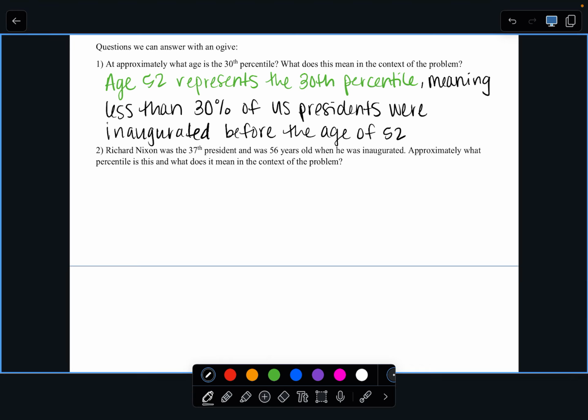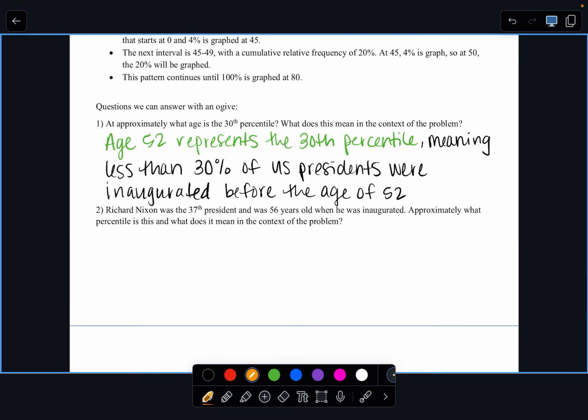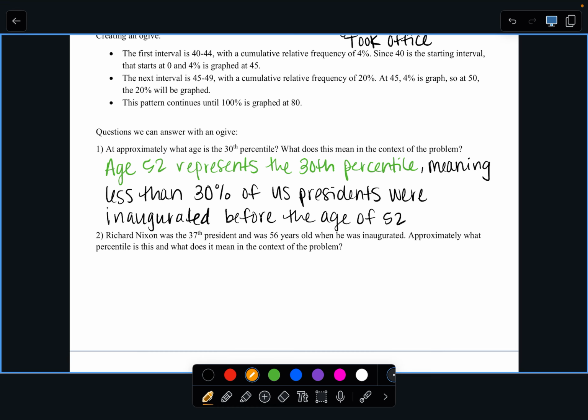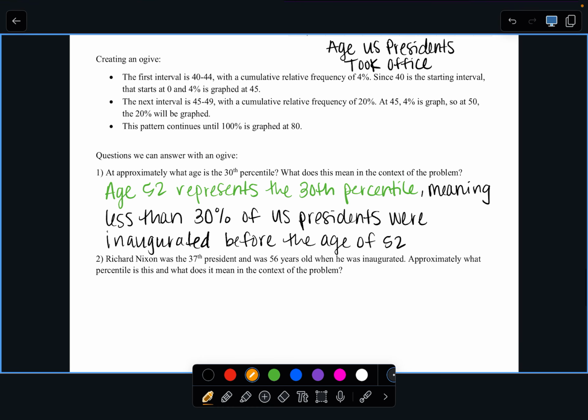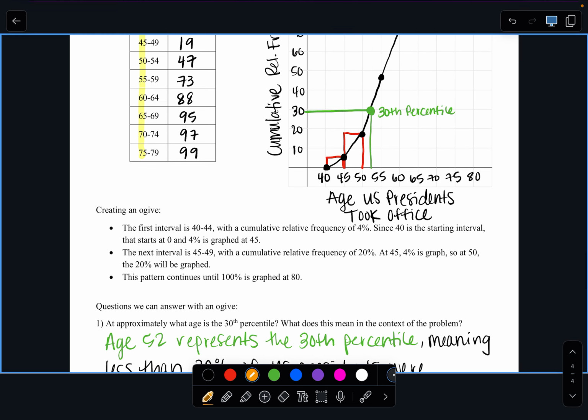Okay, in the reverse sense, if I wanted to find a percentile given an age, they told me that Nixon was 56 years old when he was inaugurated. I do the same thing, but in reverse. I go to where 56 most likely is.